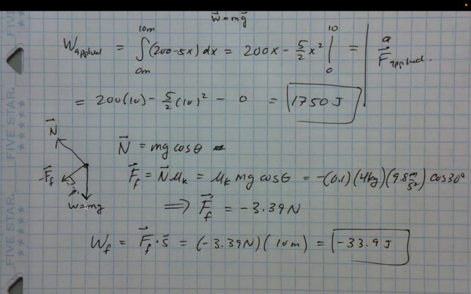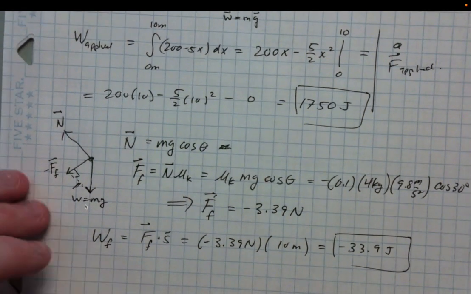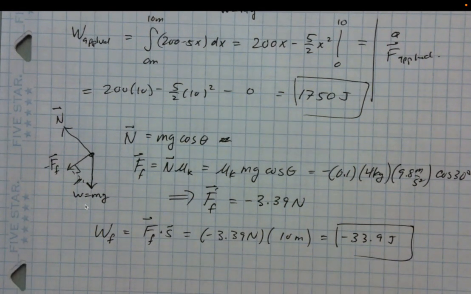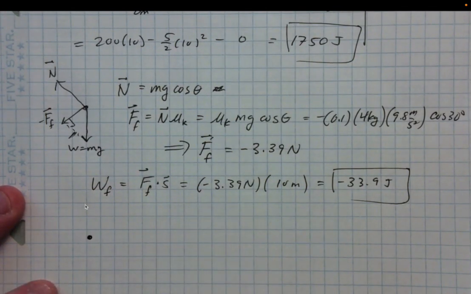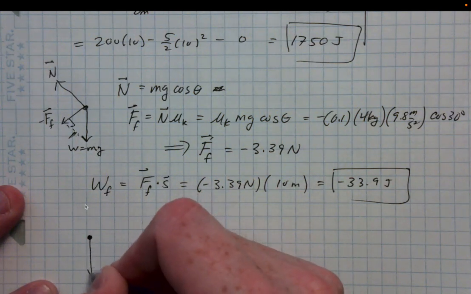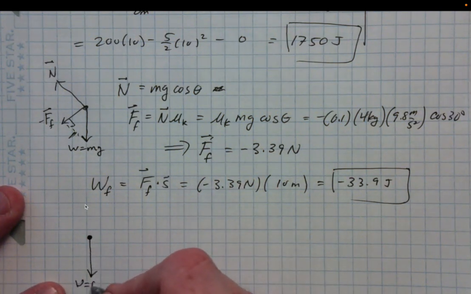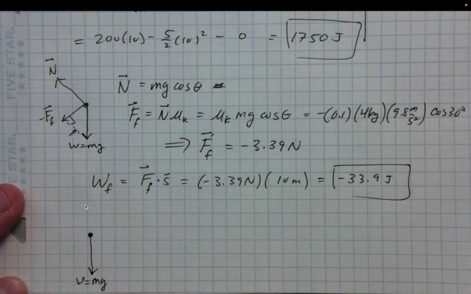And then we know additionally that not only is friction pushing this thing back down the slope, but also gravity is pulling the block back down the incline. So let's take a look at what's happening with gravity. Here's your block. There's mg, dragging it down.